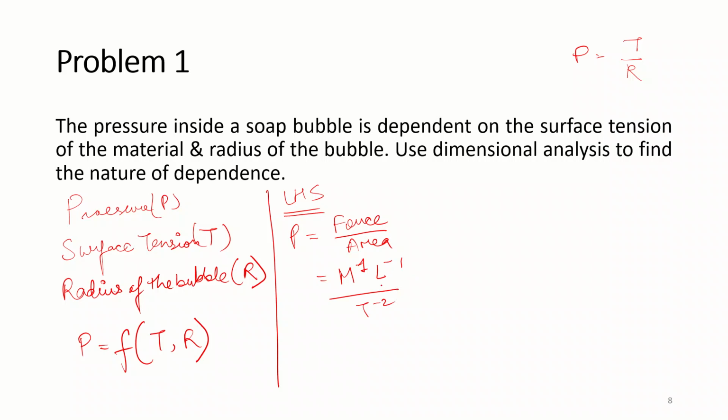Force is M L T raised to minus 2, and then divide by area. Area is L squared. In that case it becomes M L raised to minus 1 T raised to minus 2.